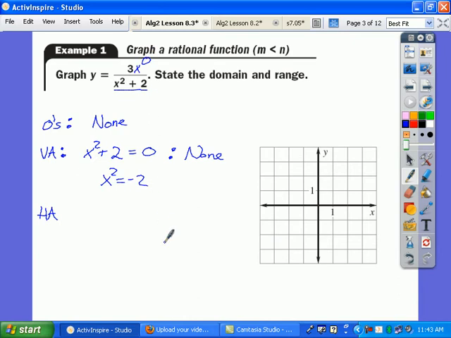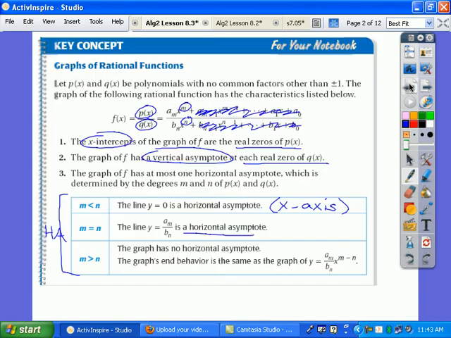So I have m, which is 0, and n, which is 2. Since 0 is less than 2, m is less than n, so we're in the first case. The line y equals 0 is the horizontal asymptote. I go to this chart and compare my m's and n's, and the horizontal asymptote in this case is the x-axis.